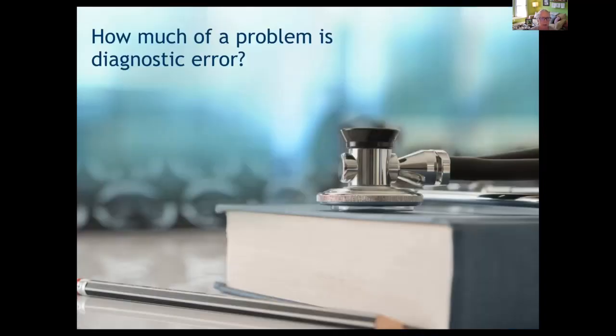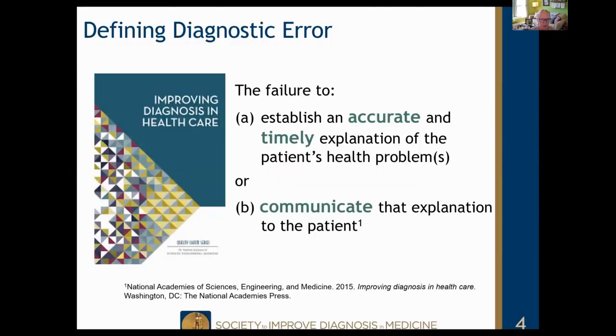So just doing a quick review of why this is such a problem, how much of a problem is diagnostic error. This is a picture of just the definition, and some of this is obvious, some of it may not be. So it's both the need to find an accurate explanation of patient health problems, as well as explaining that in a way that patients can actually understand it.